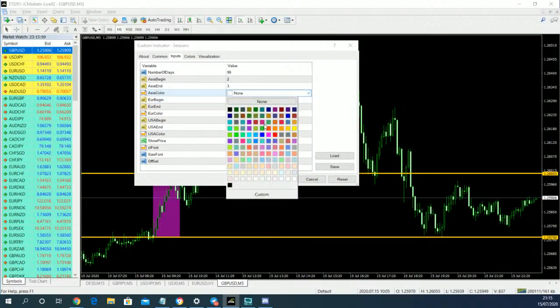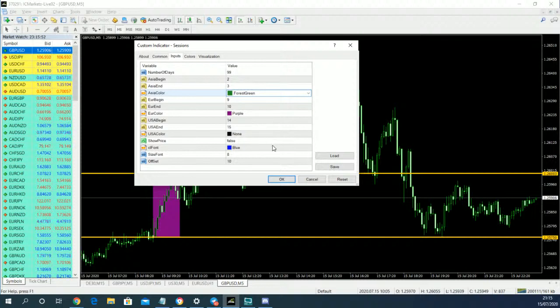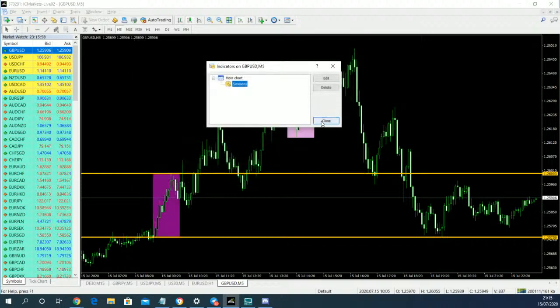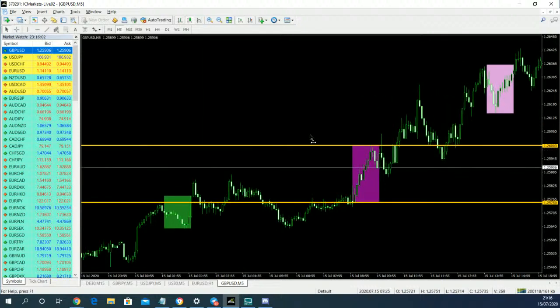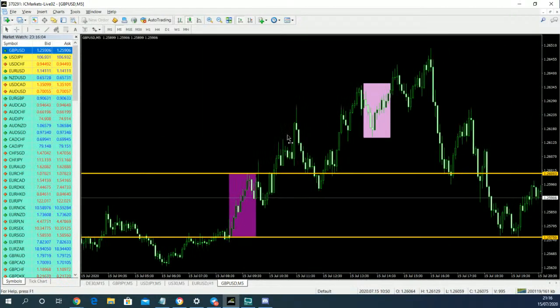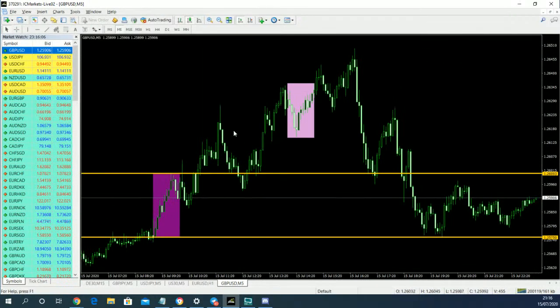If I change the color to, say, this, and this one to something else like that, then I begin to see the colors. So it's just because the color has been removed. The color has been disabled, that's why it's not showing right now.